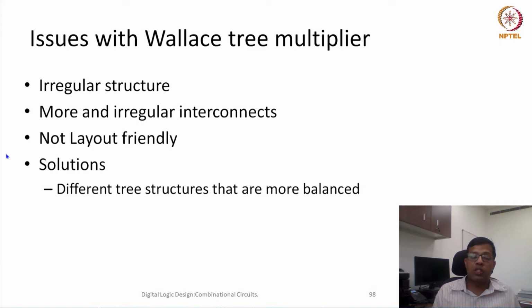This Wallace tree was proposed some 50 years back. In the last 50 years, people have done meticulous calculations of which particular grouping will lead to the minimum number of full adders or half adders.